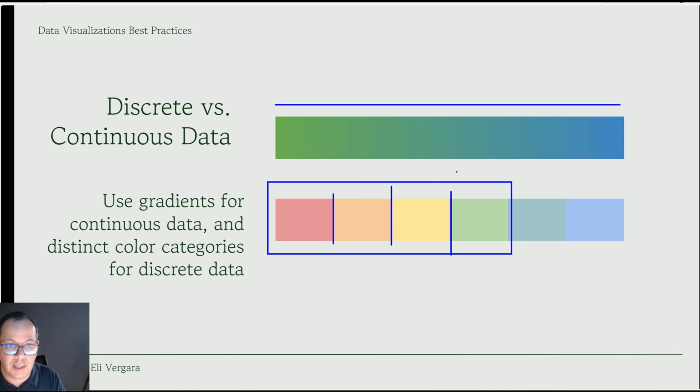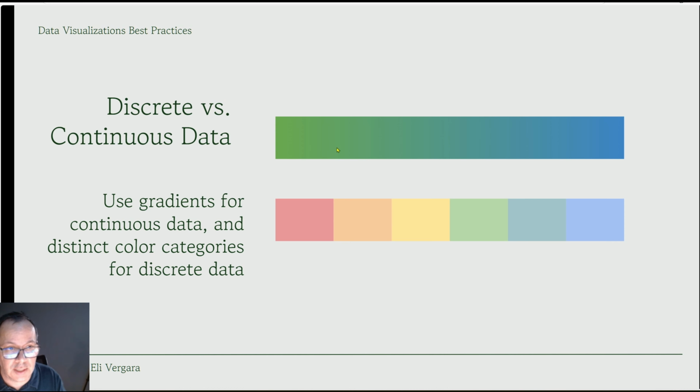So that is why color theory is important in data visualizations, because you need to understand that for continuous data, for example, you can communicate a particular message. For discrete data, you can communicate a particular message. You can also use different shades, different hues, different values, different levels of saturation to better communicate your message.